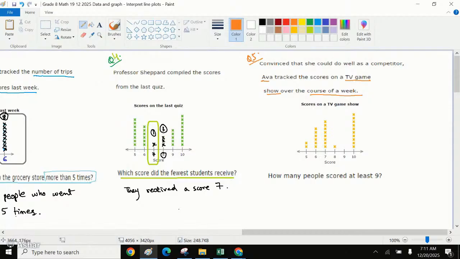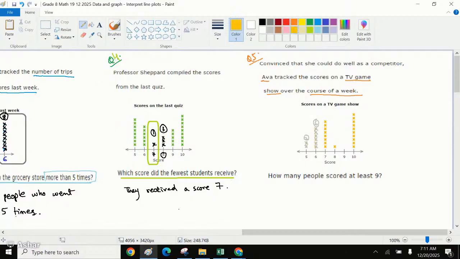So we saw that 5 was scored by 2 people. 6 was scored by 1, 2, 3, 4, 5, and 6 people, right? And so on, we can relate to the graph.